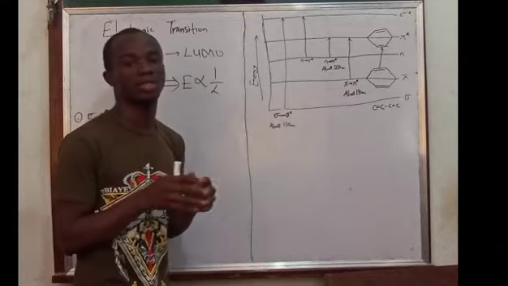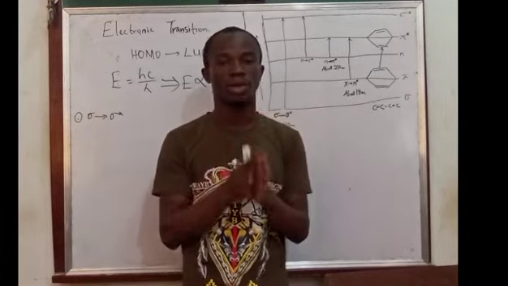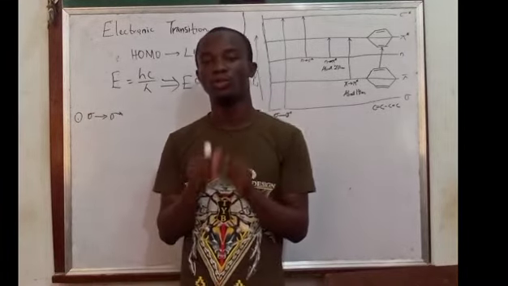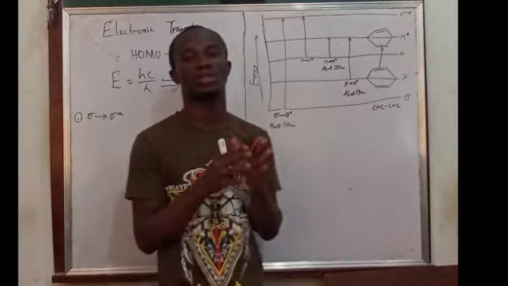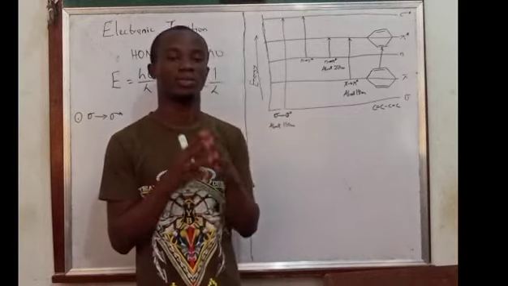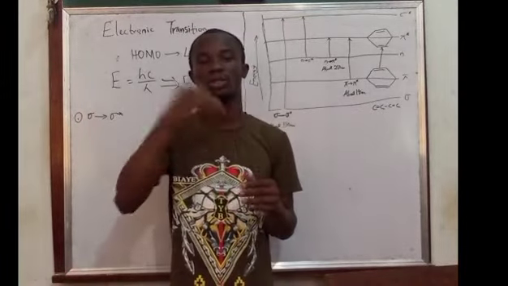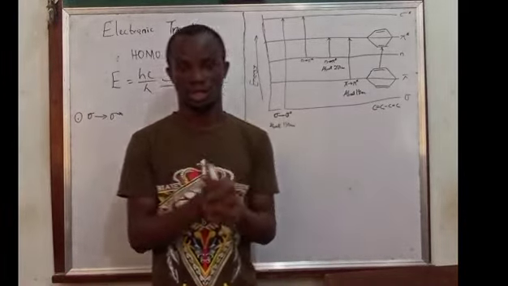So anytime you have a transition that requires a wavelength of light below the UV region, that particular transition will be UV inactive, which implies that the UV cannot cause it.